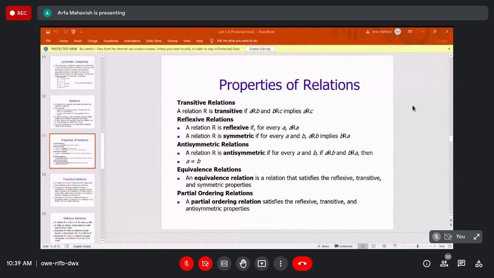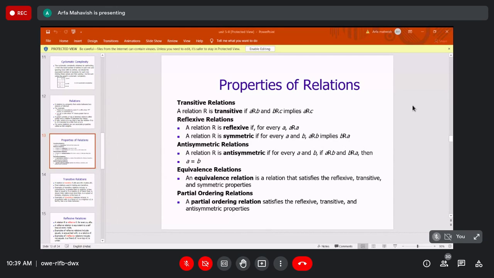So next we have the symmetric relationship. A relation R is said to be symmetric if ARB implies BRA. So in a symmetric relationship, if there is a link or a connection between two nodes, that is from A to B, then there should also be a link from B to A. So it is in the form of parallel.